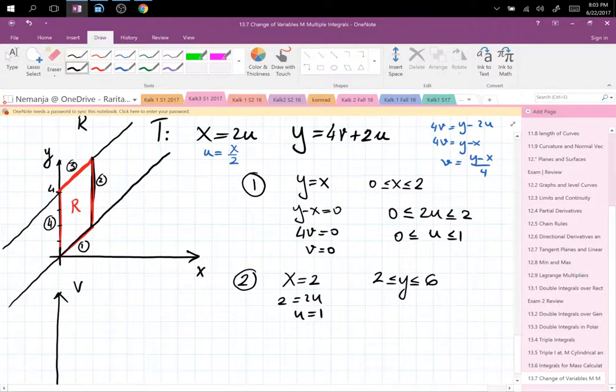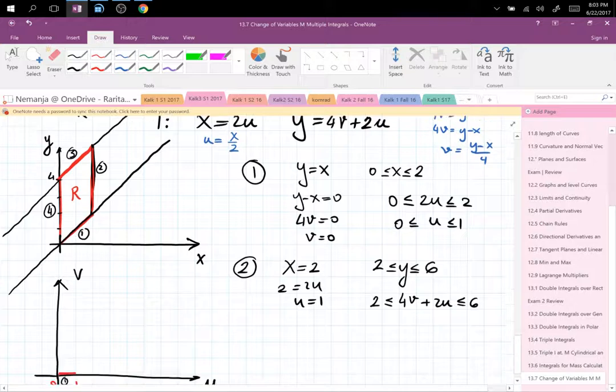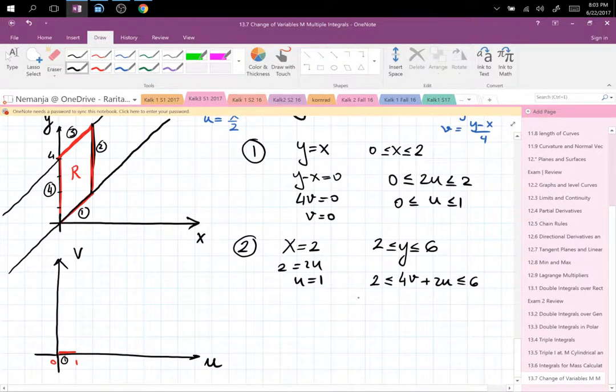So I have 2, and instead of y, I can put 4v plus 2u less than or equal to 6. So if we divide everywhere by 2, we get 1 less than 2v plus u less than 3.